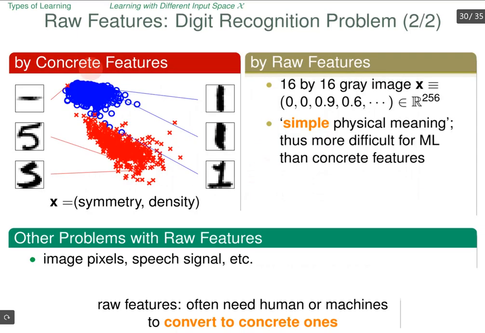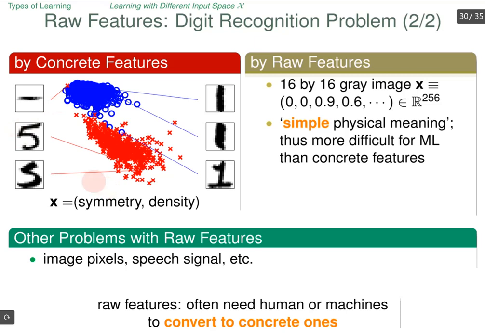So we can, for instance, compare raw versus concrete. We can generate concrete features out of the raw features by extracting some features, for instance, symmetry and density of each handwritten digit.